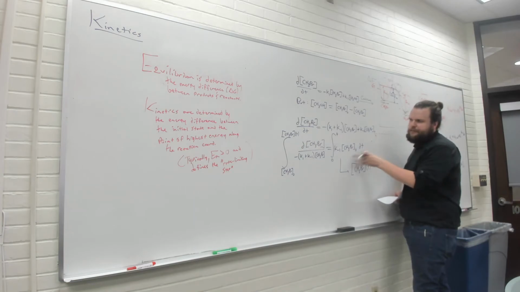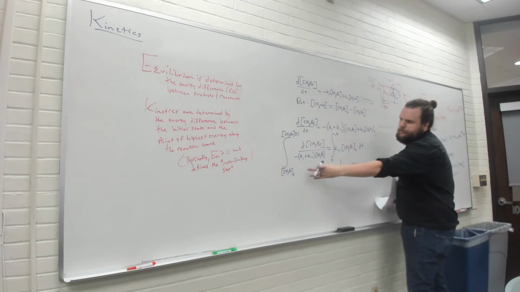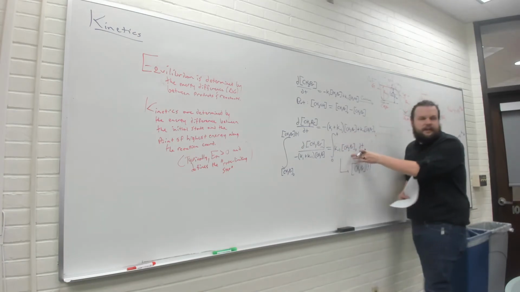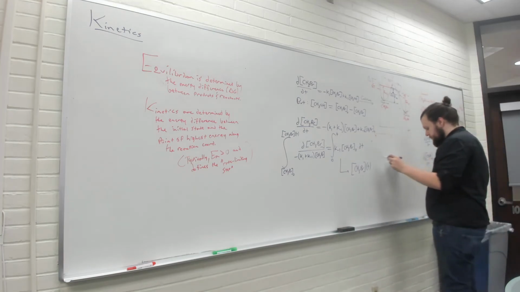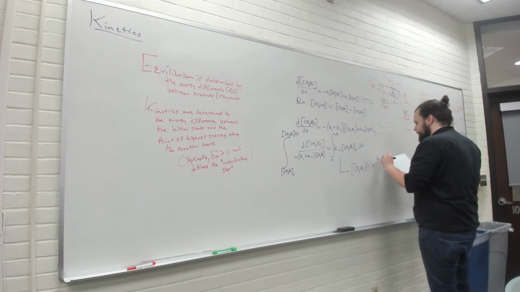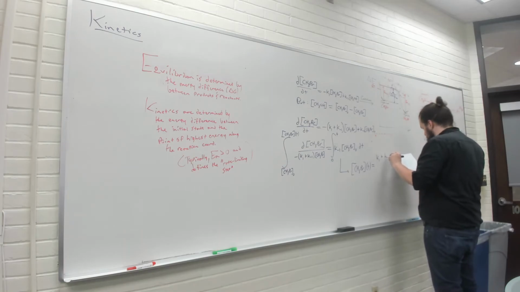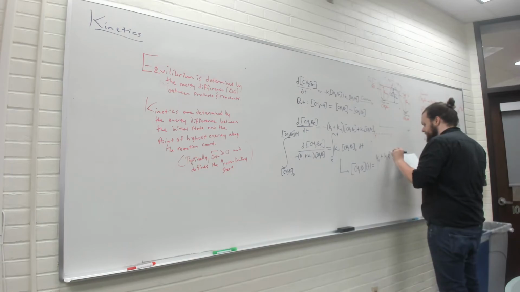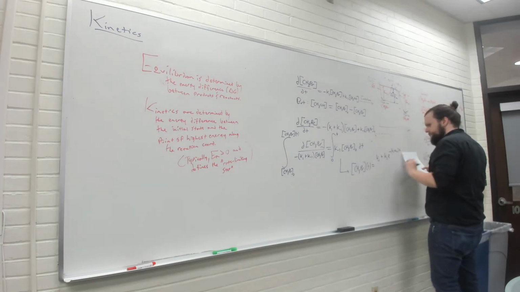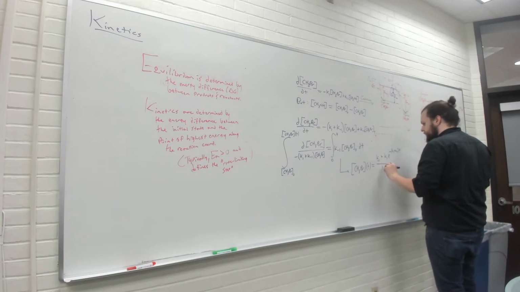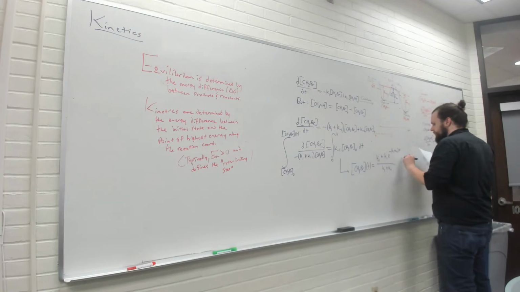And here we're integrating with respect to time, so there's going to be some time here. So we're going to have a function of concentration that's equal to K1 plus K minus 1 plus K1 e to the minus K1 plus K minus 1 t over K1 plus K minus 1 times the initial concentration.